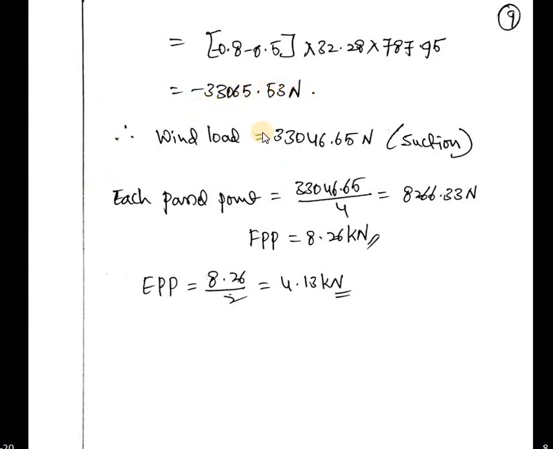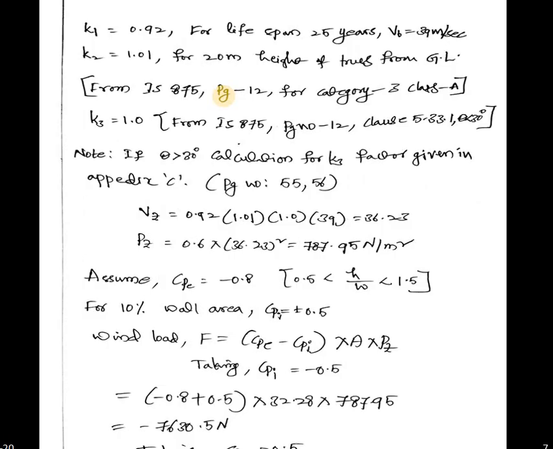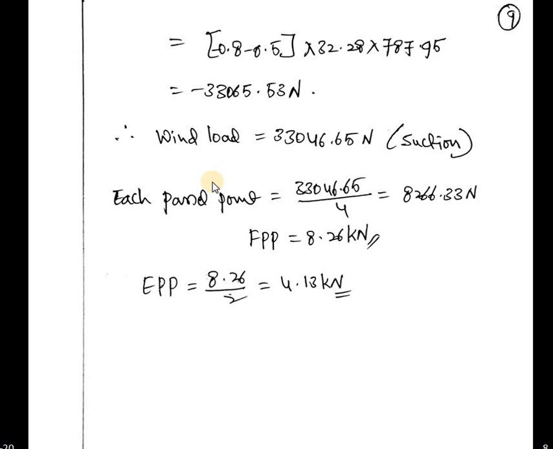That means here wind load is 33046.65 newtons suction. Okay, right? 33046.65. First value is 7630.5.